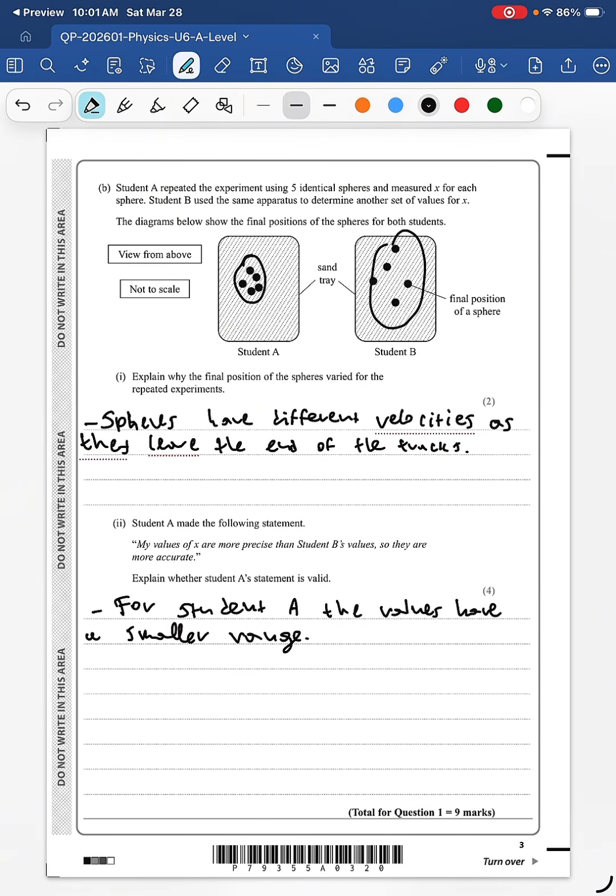And therefore, student A's values are more precise. This is what precision means.